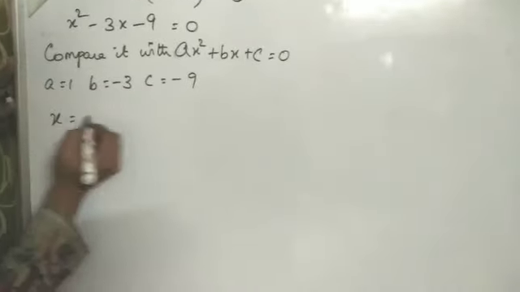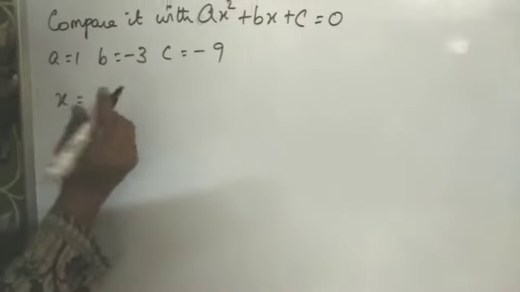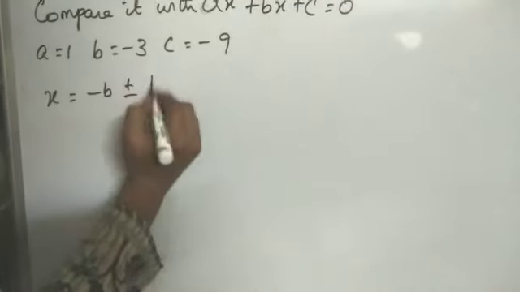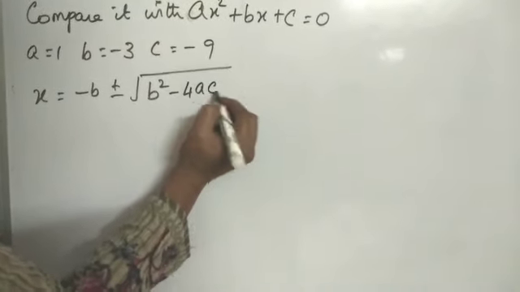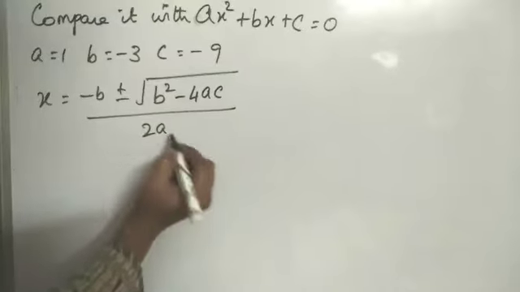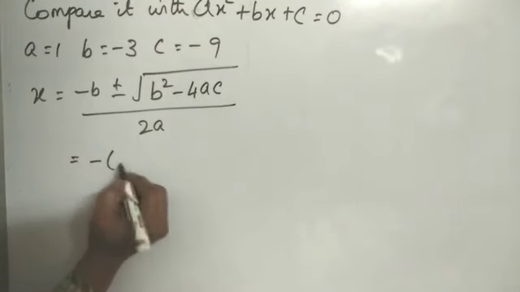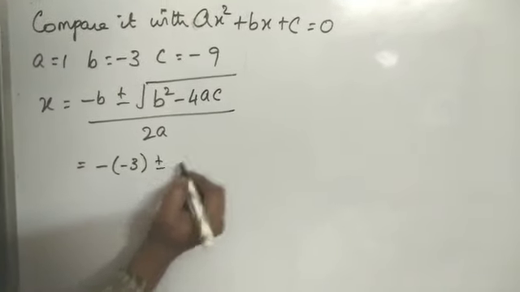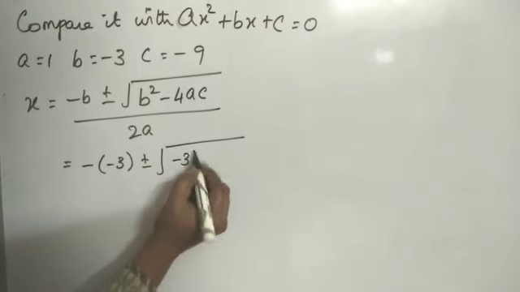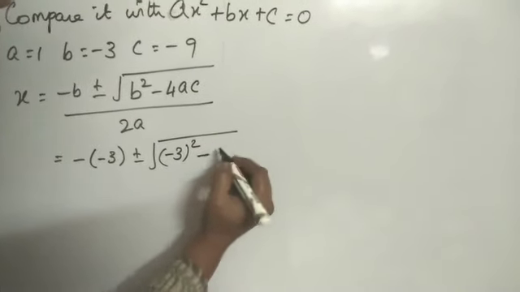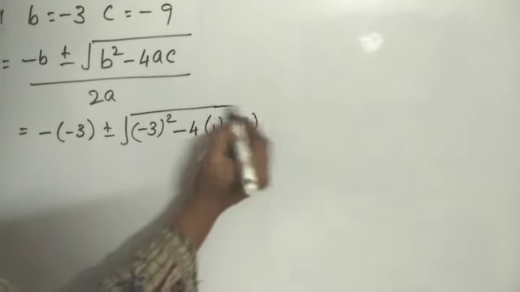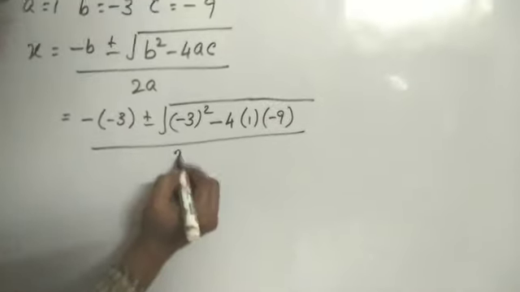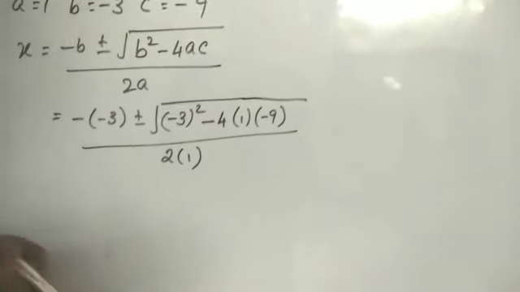Now x is equal to minus b plus or minus under root b squared minus 4ac upon 2a. Then minus of minus 3 plus or minus under root minus 3 whole squared minus 4 into 1 into minus 9 upon 2 into 1.